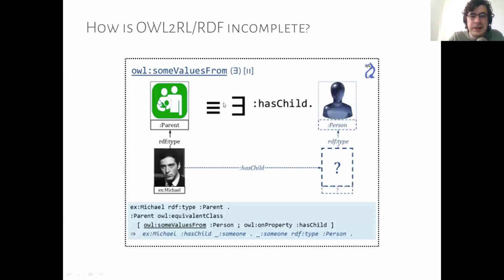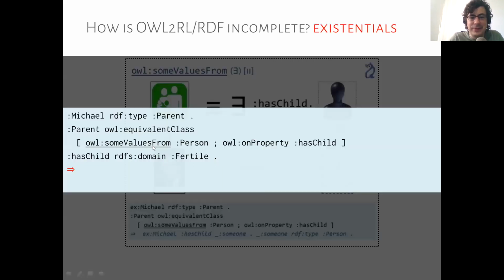Another way these rules are incomplete is with respect to things that exist, but we don't know what they are, right? So if, for example, we say that Michael is a parent, and the parent is equivalent to having some values from person on property has child. Here we're assuming parents are people.